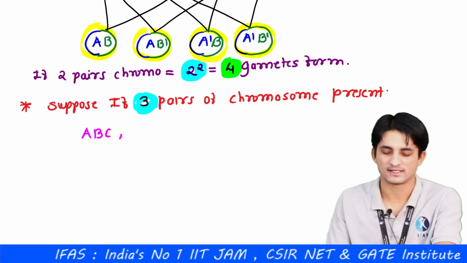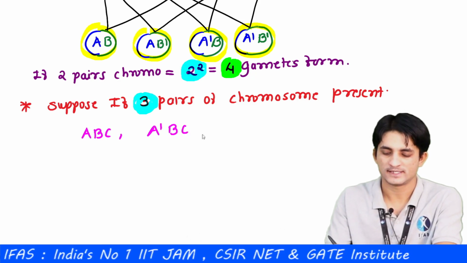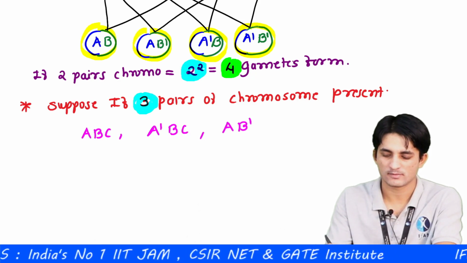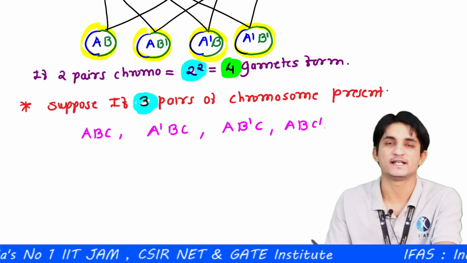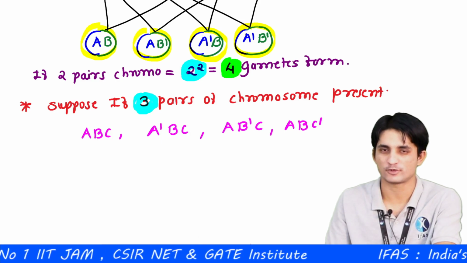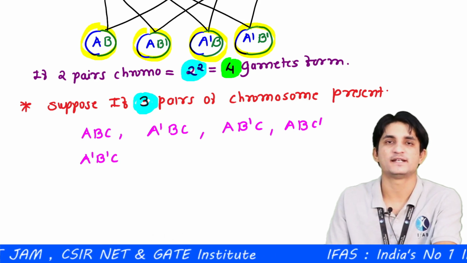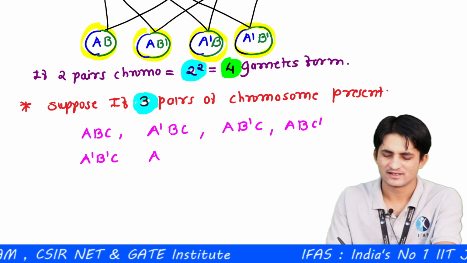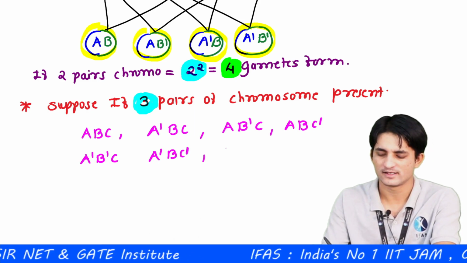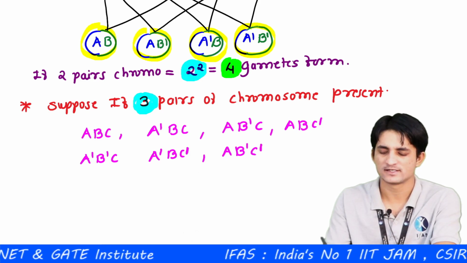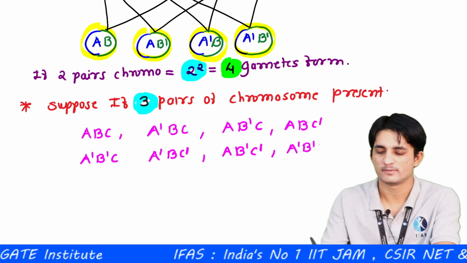Then A dash BC, then one combination is AB dash C, and one combination is AB and C dash. So these 4 gametes are possible. Then another gamete A dash B dash C is also possible, and A dash B C dash, and AB dash C dash, and the last combination is A dash B dash C dash.